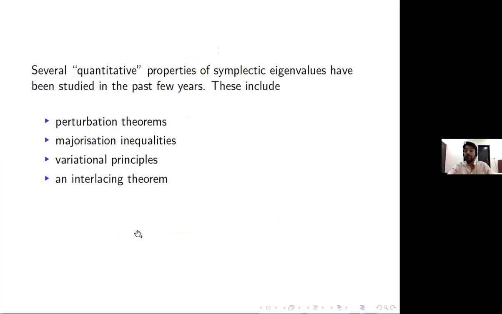Several quantitative properties of symplectic eigenvalues have been studied, that include perturbation theorems, some inequalities among symplectic eigenvalues of more than two matrices that are given by majorization inequalities, variational principles, and interlacing theorems. But what hasn't been studied, that we found, was the qualitative properties of symplectic eigenvalues.